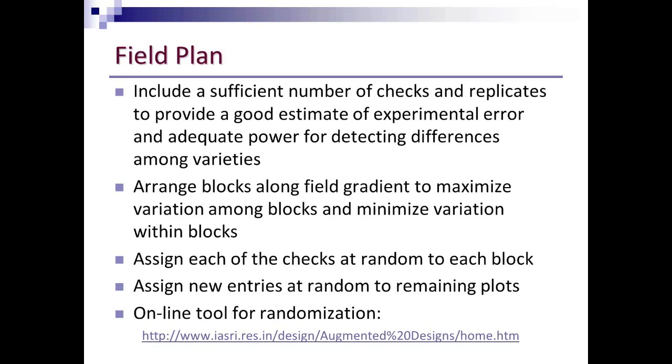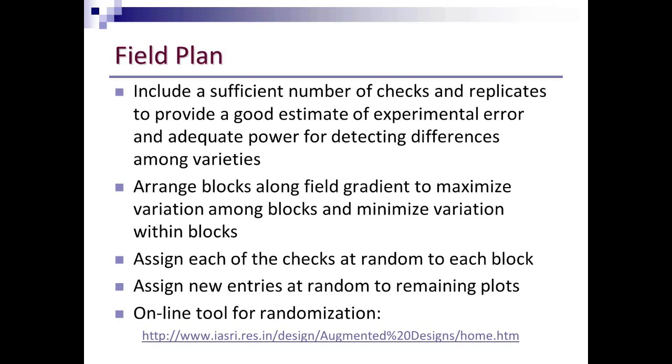So in your field plan, you need to be sure to include a sufficient number of checks and replicates to get a reasonable estimate of experimental error, so you can detect differences among your varieties. As in any design, you'd want to arrange your blocks along the field gradient to get the most possible variation among blocks and minimize the variation within blocks.